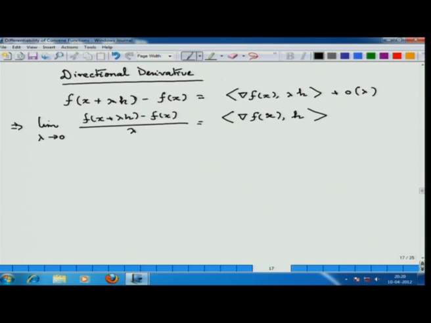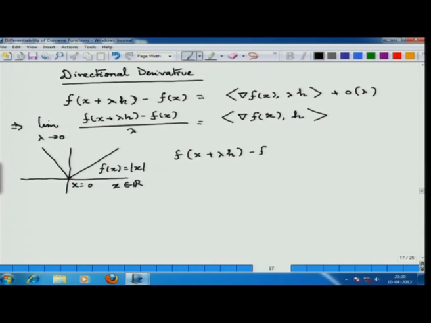But for a convex function, this may not always happen. Again, go back to the prototype example. Look at the point x equal to 0. Prototype example, f(x) equal to the absolute value of x, x in R. Let us look at f of x plus lambda h, with x equal to 0, minus f(x), divided by lambda.